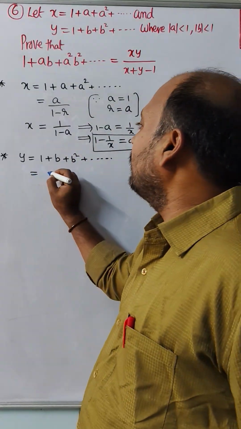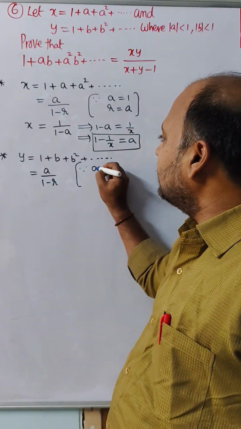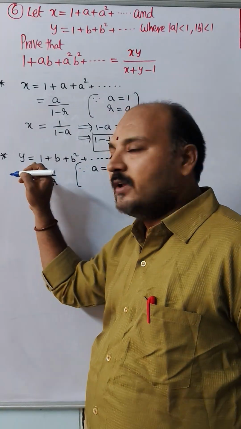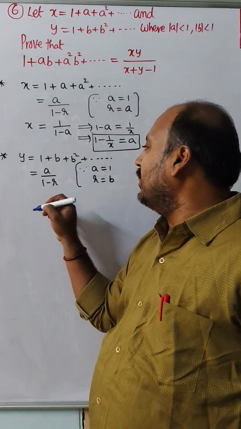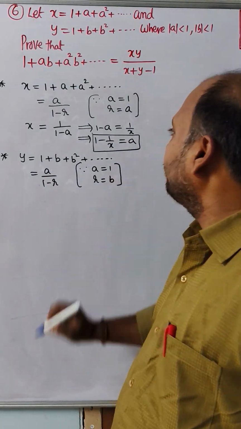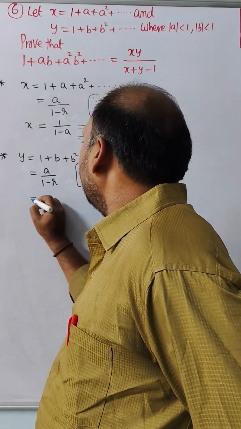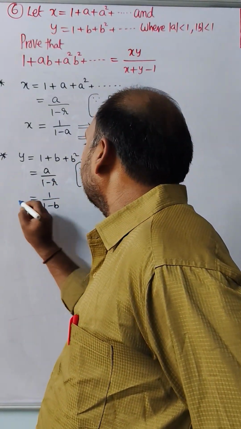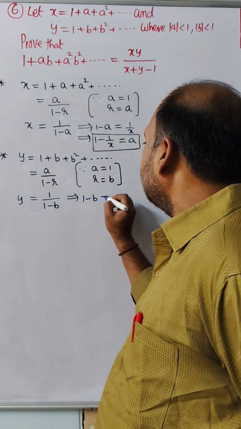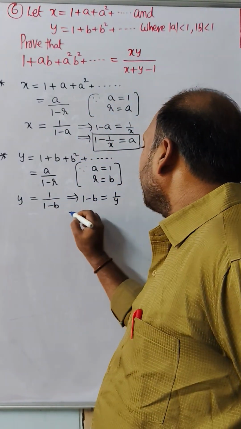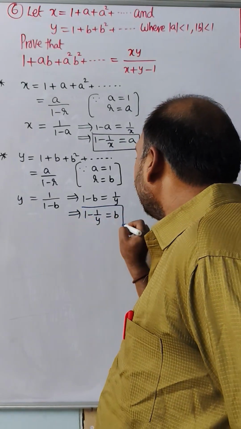This is also the sum to infinity formula, A by 1 minus R. Here A, the first term, is equal to 1 clearly, and common ratio R is equal to T2 by T1, T3 by T2, R is equal to b. So y equals 1 by 1 minus b. From this you can conclude that 1 minus b is equal to 1 by y, so 1 minus 1 by y is equal to b.